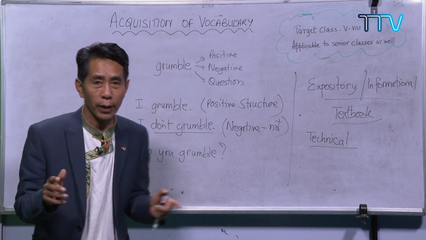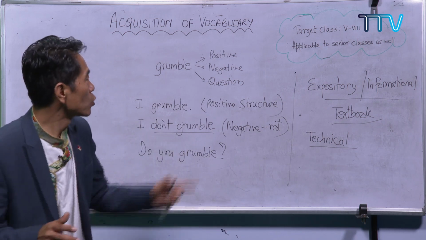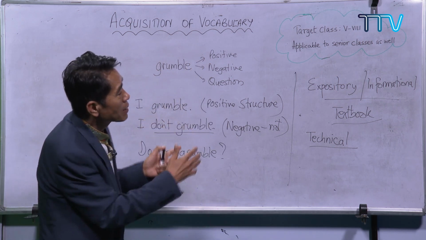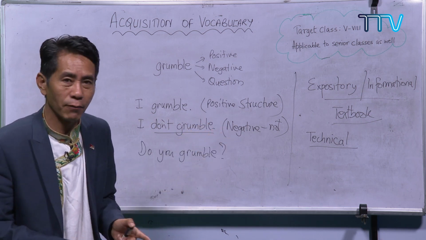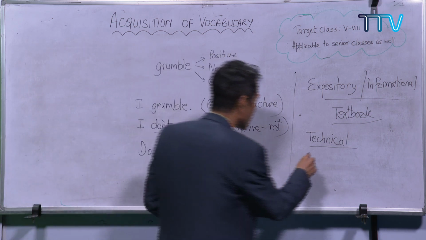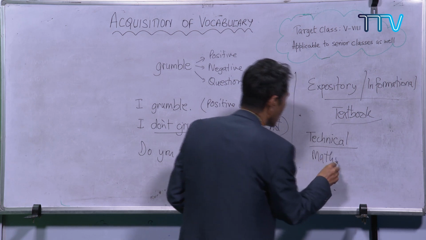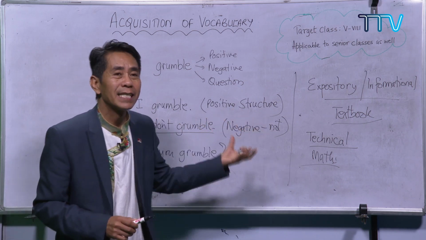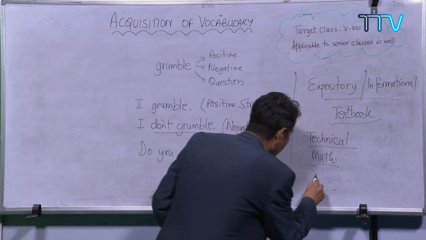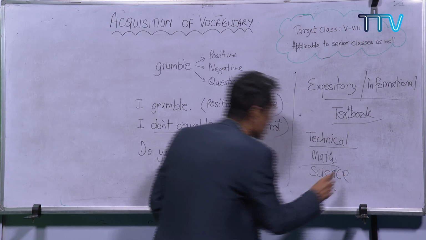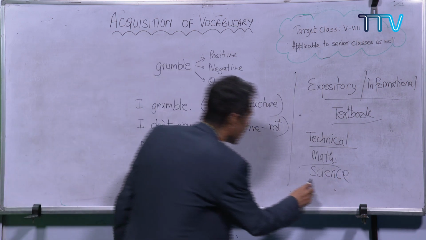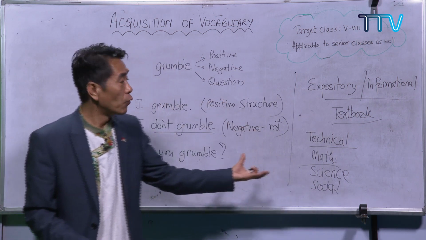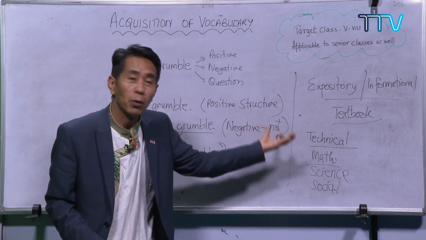So what we do, in the class sometimes when we talk about vocabulary, this vocabulary we learn in English, but at the same time that can be applied to the other subjects. For example, if you are talking about maths, there are some technical words related to that particular subject. Likewise, we have some words which are exclusively for science and then social. Now we have so many subjects, so it's important for you to go through the textbooks.